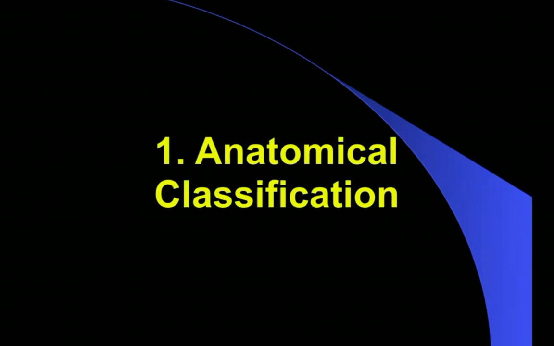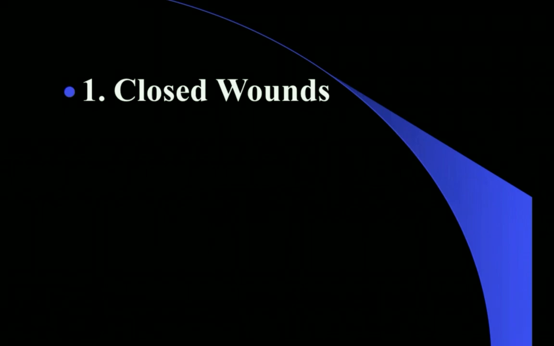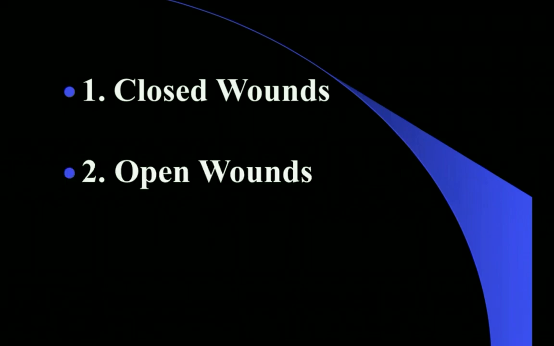The first is the anatomical classification. This is basically structural appearance wise classification. That is, the wound can be closed wound, open wound, or burns. Burns are set as a different type of wounds because they involve a definite pattern.